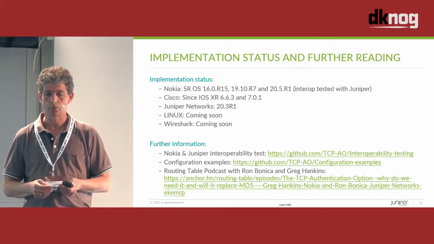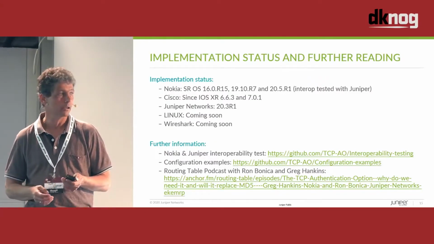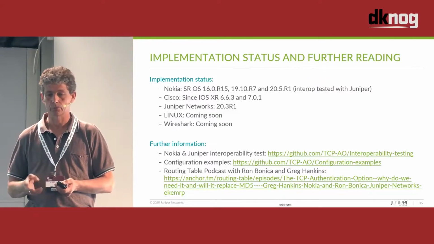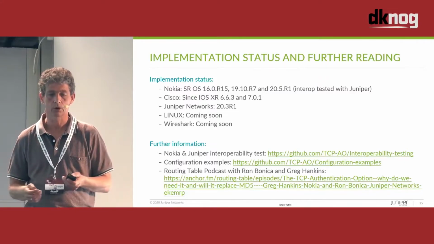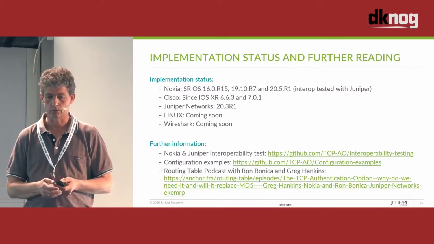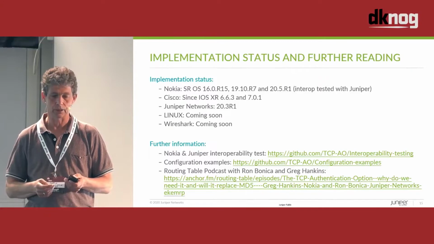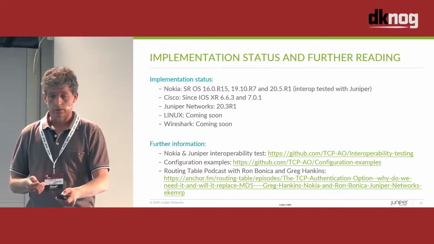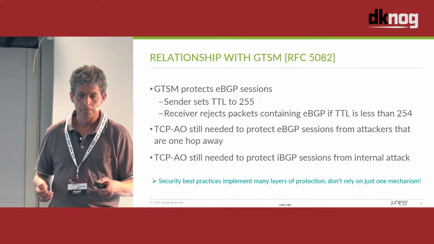There are GitHub repositories where you can find some configuration examples and so on for these, and I would definitely suggest you go and have a look. As well, I think you should listen to Ron's great presentation on the Routing Table podcast. Since it wasn't me, I can definitely say that.